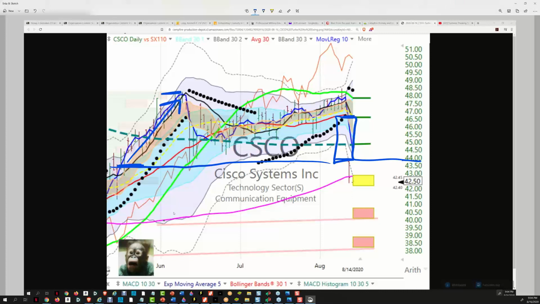And the size of this sell-off enabled it to go to here. So yeah, a move back to 48 is not irrational.